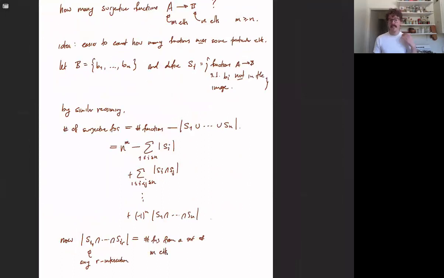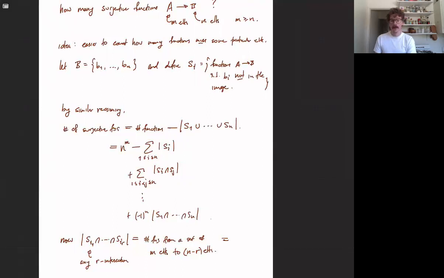So we can think of this as being functions with the same domain, but we are just shrinking the codomain so that it does not include those elements in the image. So it's functions from a set of M elements to a set of N minus R elements.